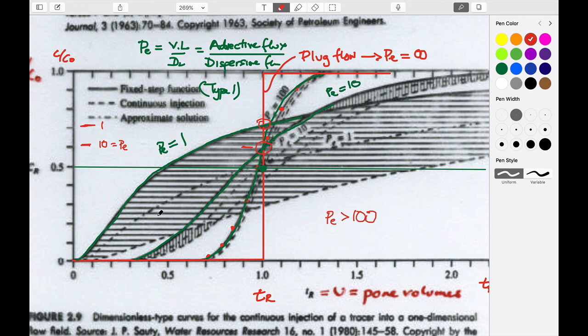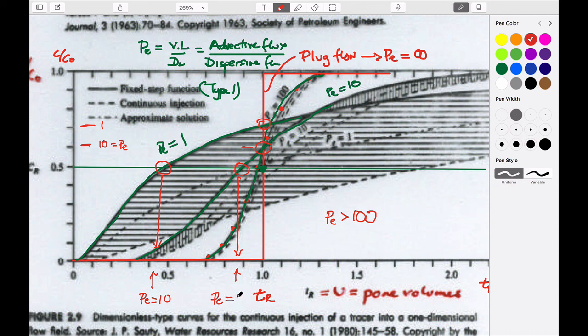And if we're looking at the first breakthrough times at 50%, then the numbers that we would choose would be this, which is Pe equals 10, and would be this number here, right? If Peclet number was equal to, sorry, that's wrong.